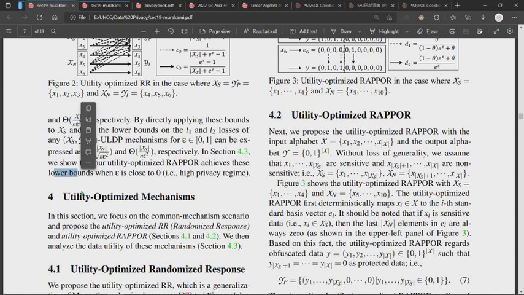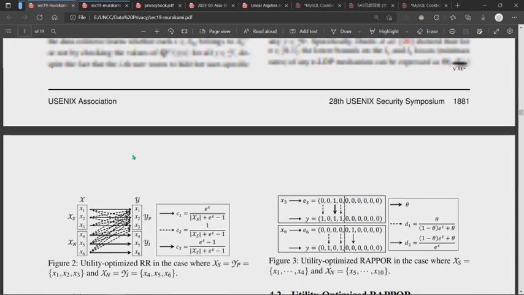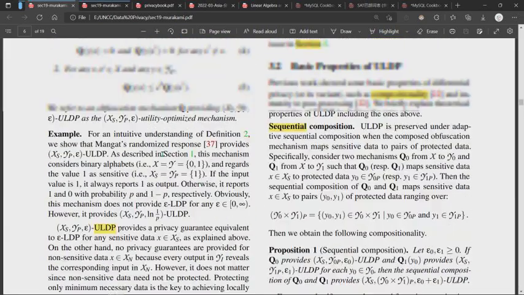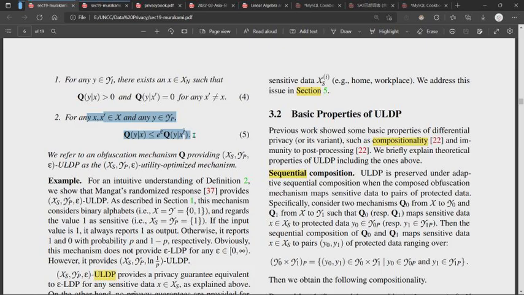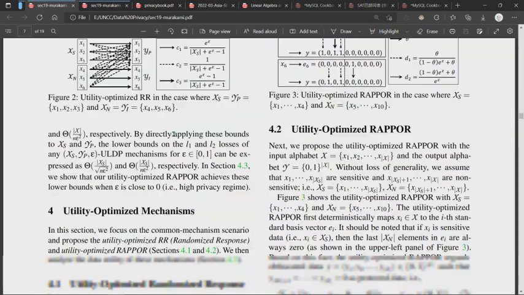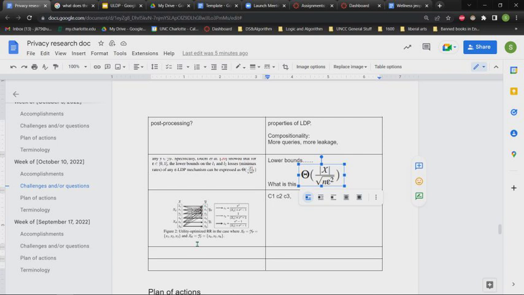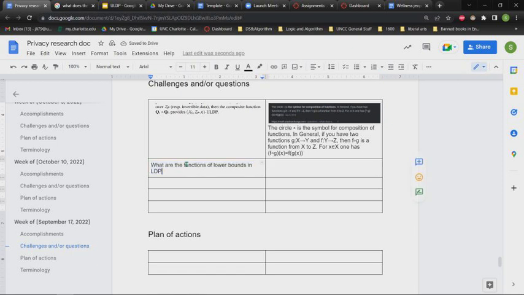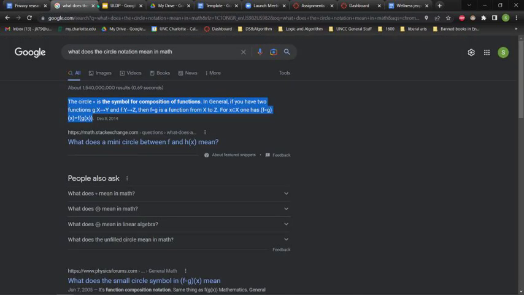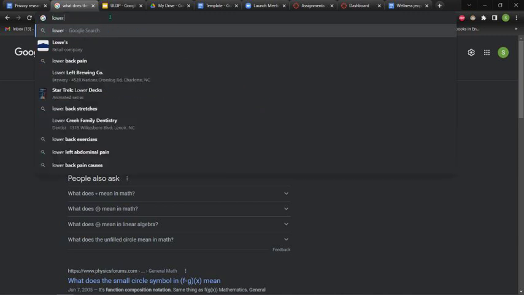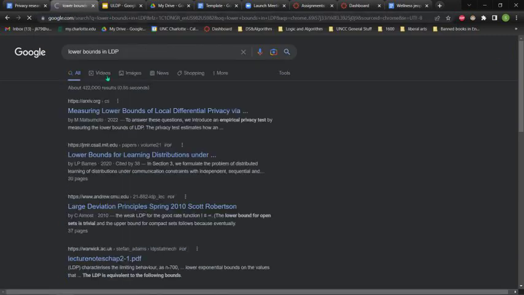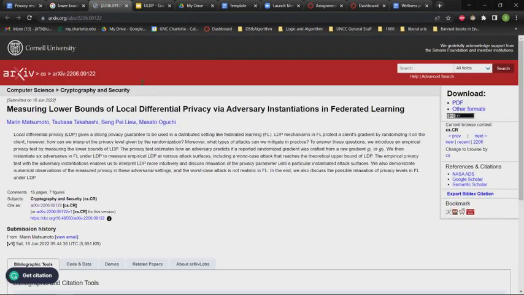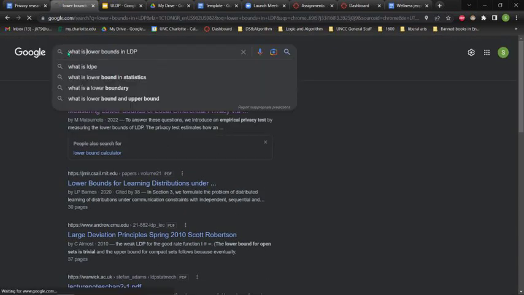Okay, lower bounds. What is this? I forgot what the lower bounds are. If you look here, what do the lower bounds do? What's the function? What are the functions of lower bounds in LDP? What is that, bro? Lower bound in LDP, what is that?